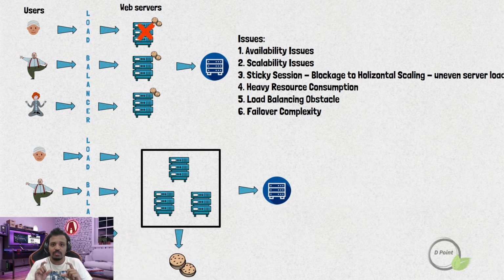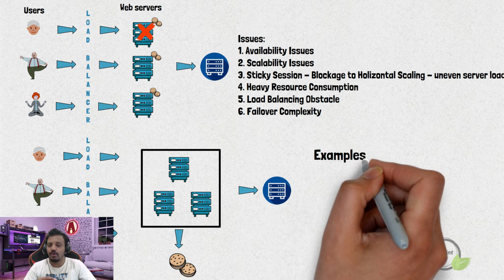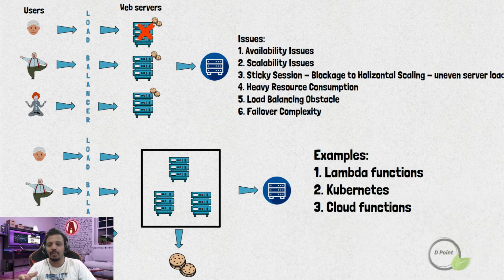So this is how stateless architecture works, where the web server will not maintain a cache at all, and if it is maintained, it is maintained in a commonly accessible area, meaning all the web servers can access that shared storage. A few examples of it are Lambda functions, Kubernetes and cloud functions.